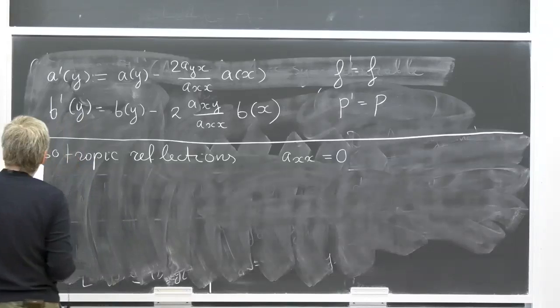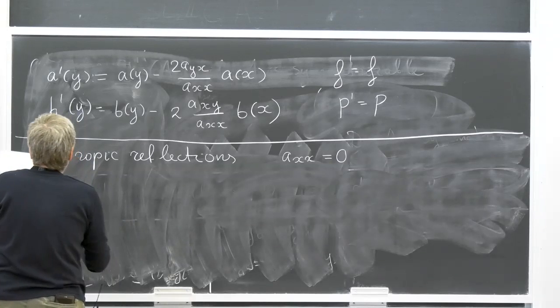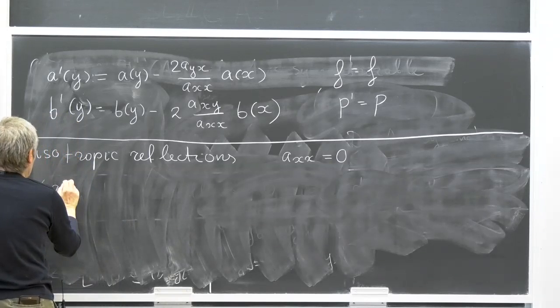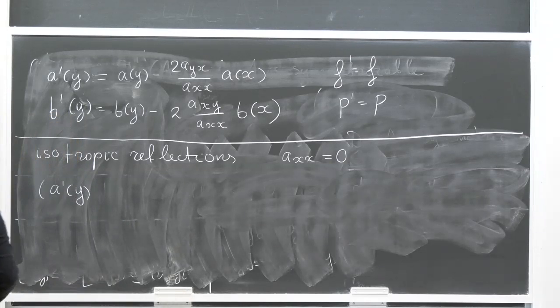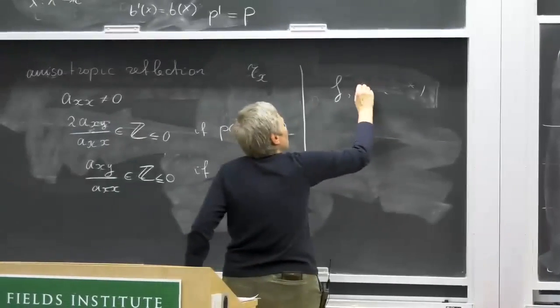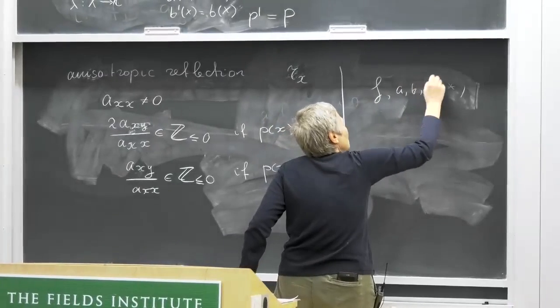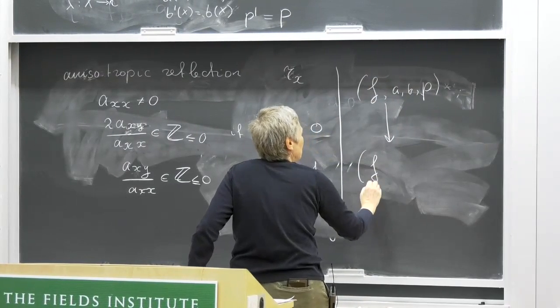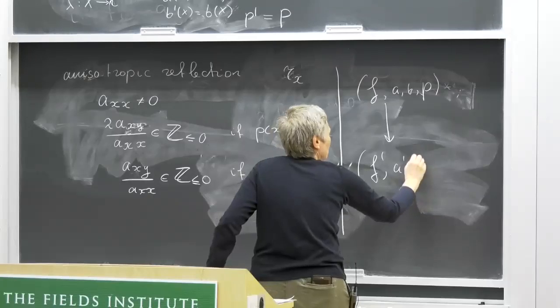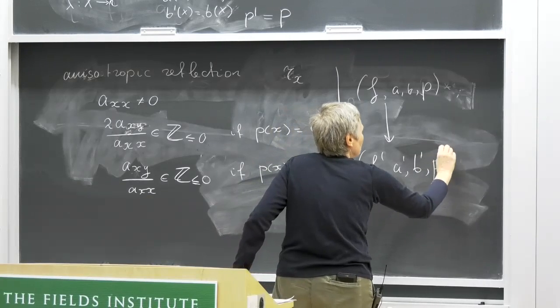And then I remind you that I do have an arrow between H, A, B, P and H prime, A prime, B prime, P prime.